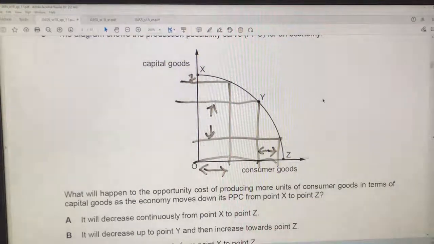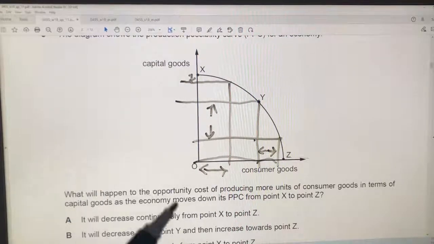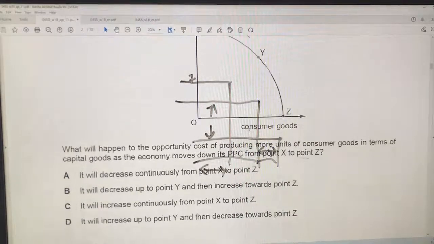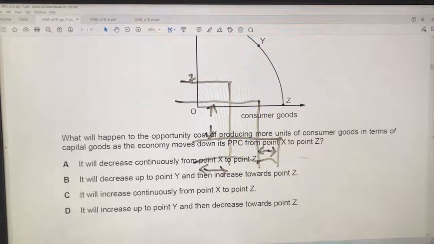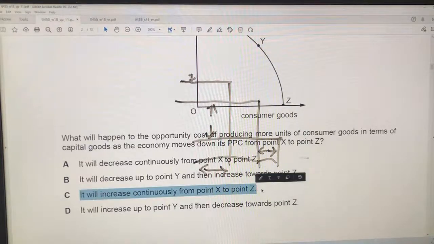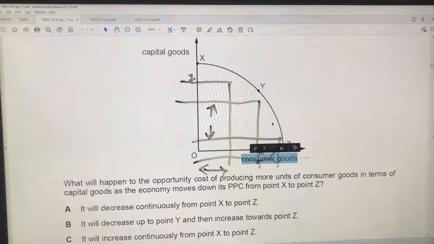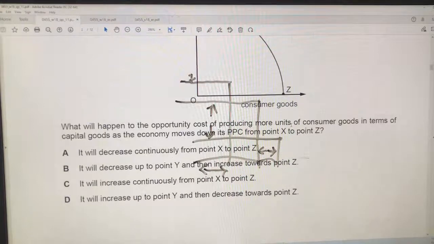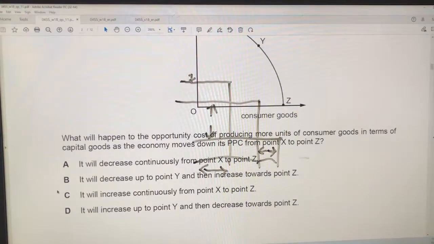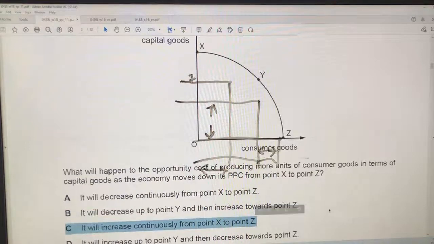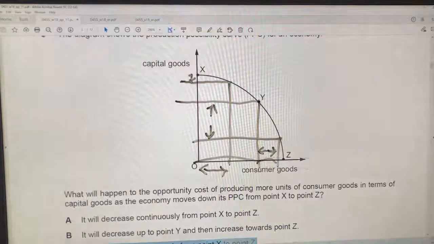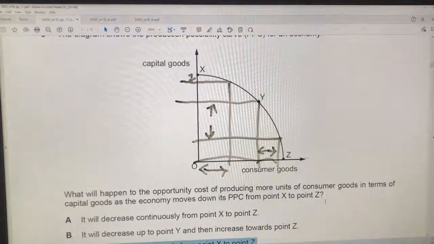So that's what the curve shows. That's why it's curved. The curve shows the increasing opportunity cost of producing more consumer goods and less capital goods. So it will increase continuously from point X to point Z. That is always true.